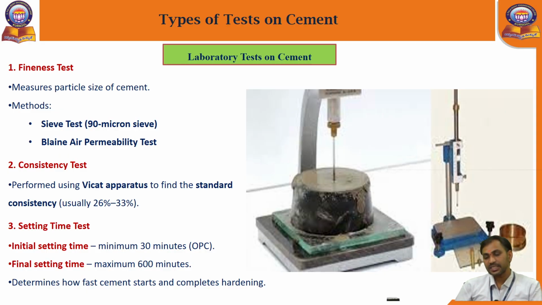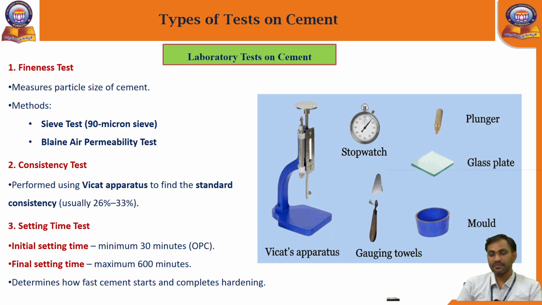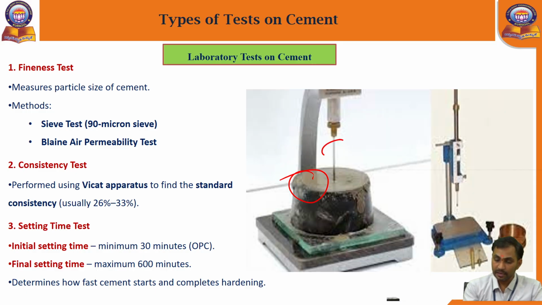See, like this we conduct it with the same Vicat apparatus. For the standard consistency test, I have placed the plunger here. For the initial and final setting time, for the final setting time you observe the needle. After 30 minutes in the initial setting time, the cement is still in a wet state.